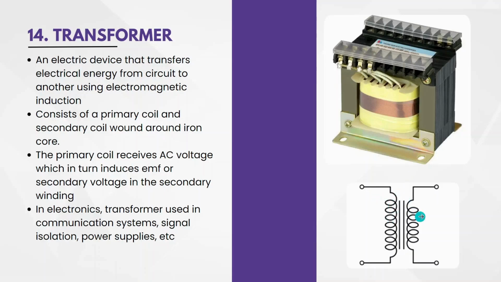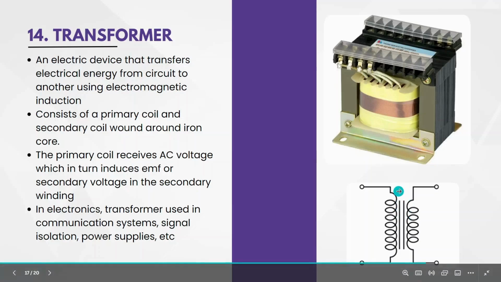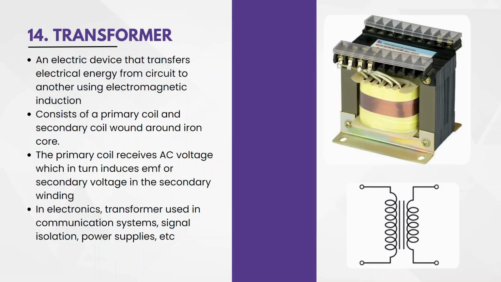Although both these parts are not connected to each other, they will be wound around a same core. So there will be a core. These two lines represent that core, and this primary wire and the secondary wire will be wound around that core that help in transferring of the voltage.